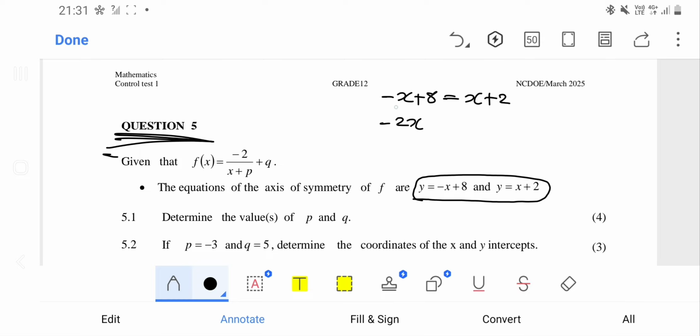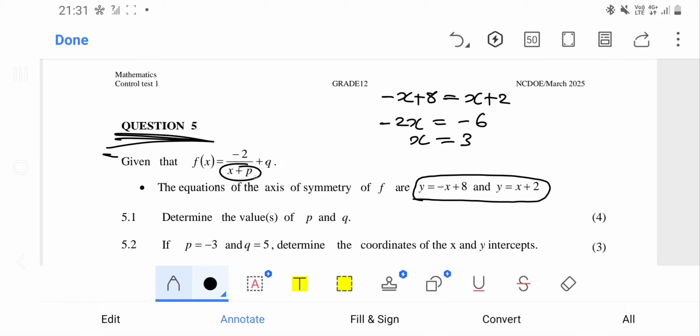Negative x minus x is negative 2x. This is equal to 2 minus 8, we get minus 6. You just move x from the right hand side to the left hand side, and it becomes negative. You move 8 from the left hand side to the right hand side, it becomes 2 minus 8. So we divide, we get 3.